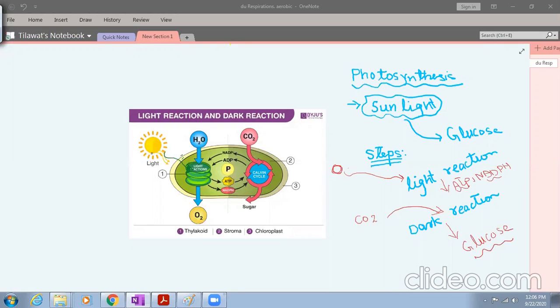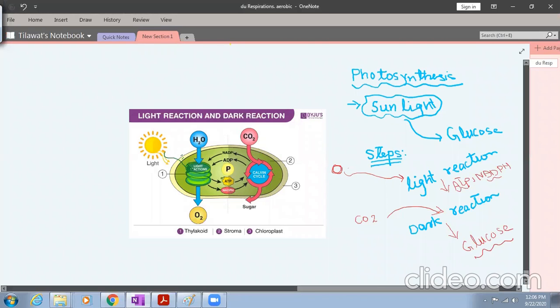So listen to me very carefully. Sunlight will fall on the grana of the chloroplast and that sunlight energy will convert into ATP and NADPH. This ATP and NADPH will be utilized in the stroma part of chloroplast.